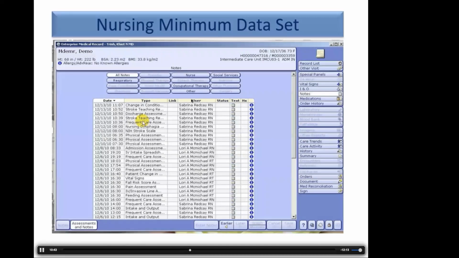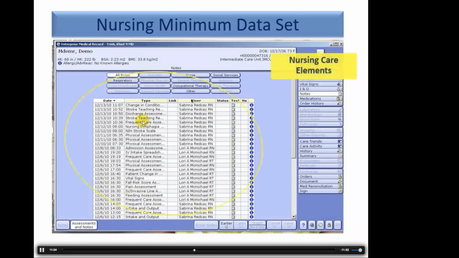The American Nurses Association Steering Committee on Databases to Support Clinical Practice is involved in developing the NMDS. This set is described as the minimum data elements necessary for defining the cost and the quality of nursing care. The elements of the Nursing Minimum Data Set include the following.